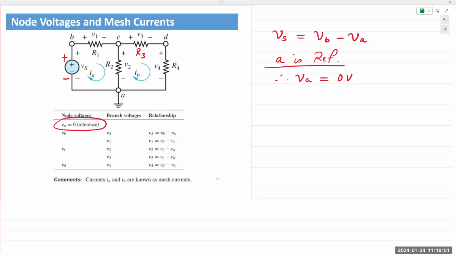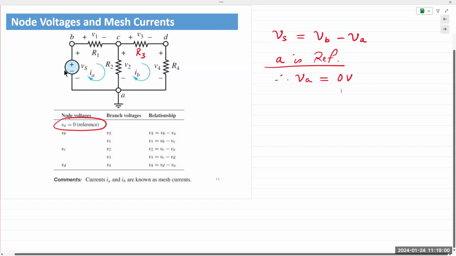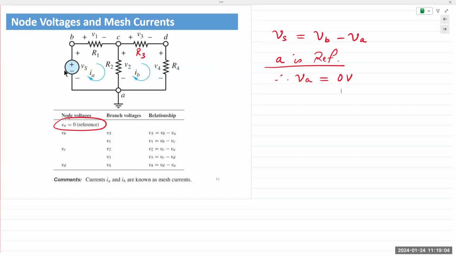But if you have a voltage source in the circuit, like we have here, then it makes things easier if you choose one end of that voltage source as your reference, because it automatically gives you a value for the other terminal.